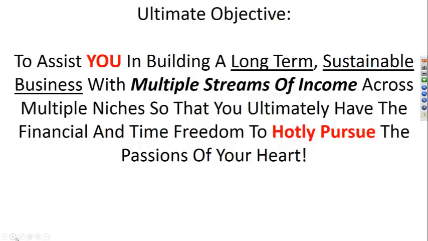I make 20 grand this month or plus, maybe even more. And then the next month, the money's not there because something outside of my control happened. So we want you to build a long-term sustainable business. Your offer is merely an extension, a part of your business, but it's not your business because you don't control the network marketing company. You don't control the decisions that they make.